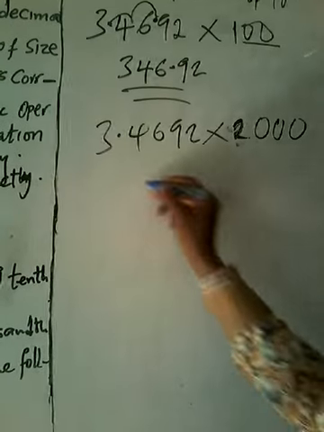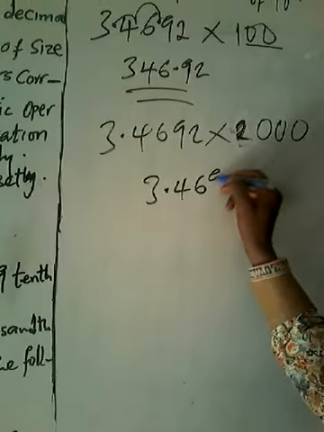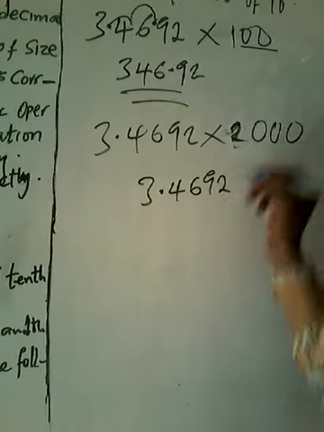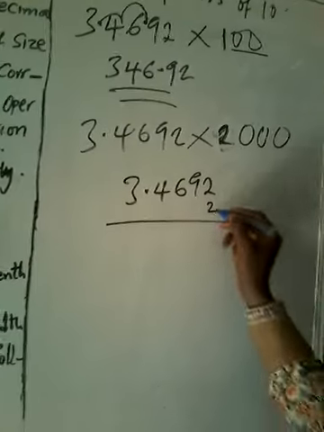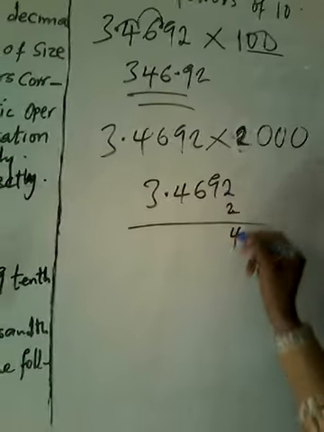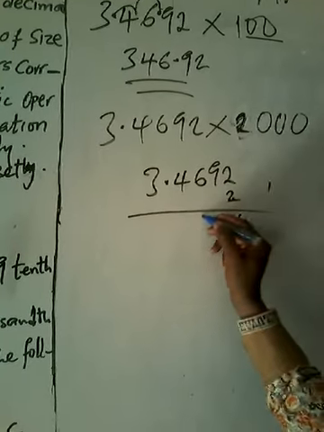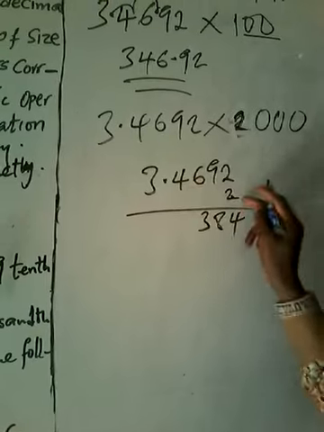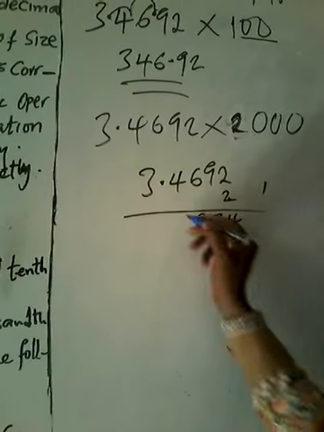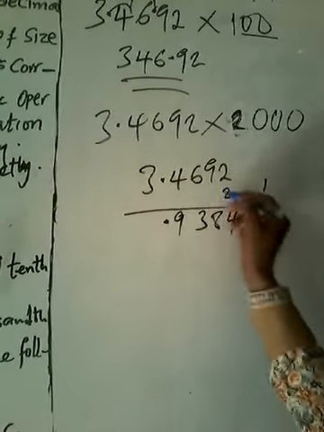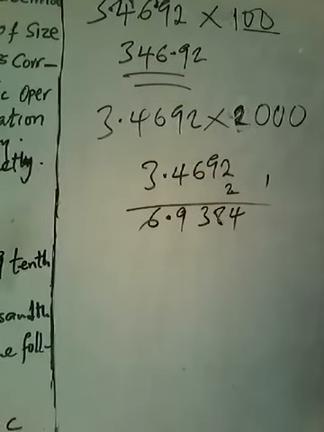How do I mean? 3.4692 multiplied by 2. 2 times 2 will give you 4. This will give you 18. Keep 1. This will give you 12, 13. Also keep 1. This will give you 8. Plus 1, 9. This will give you 6.